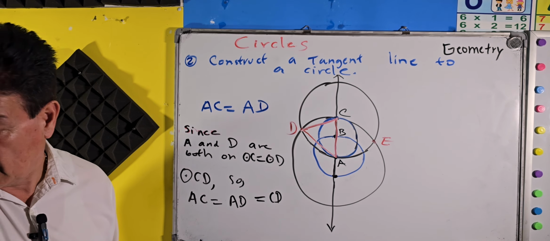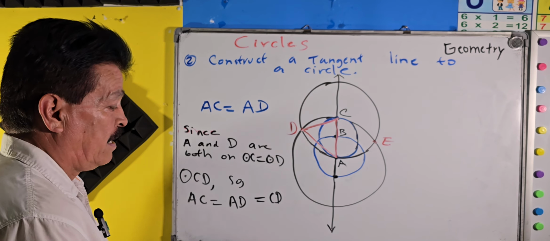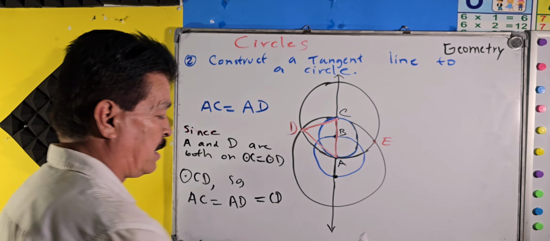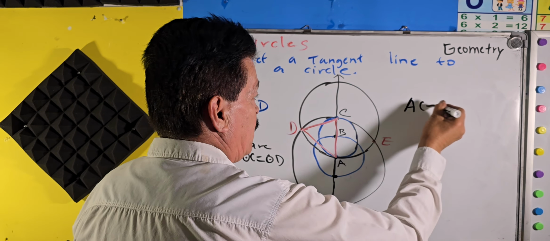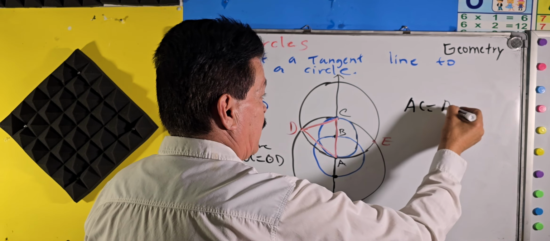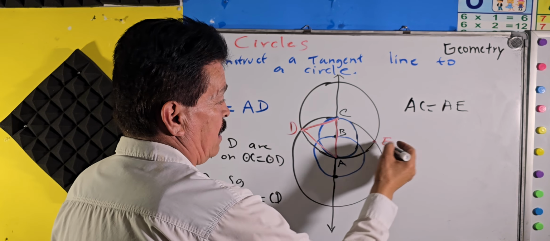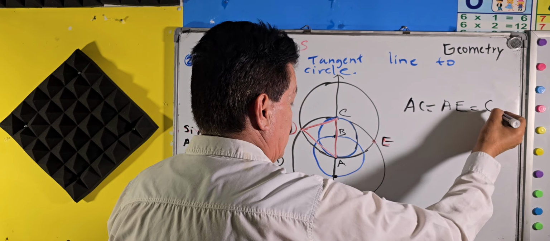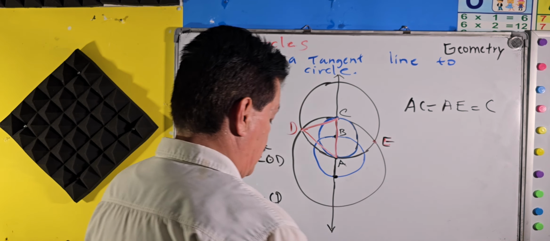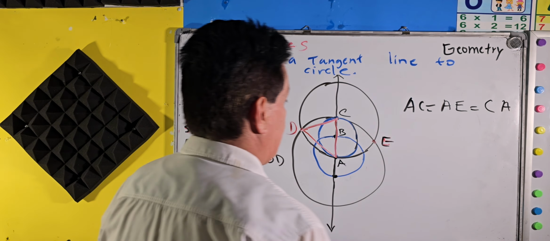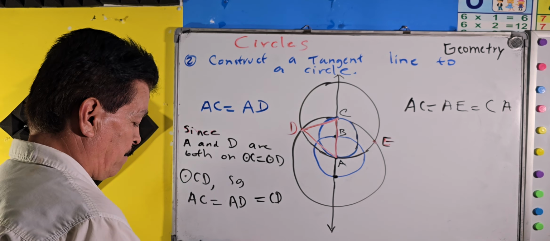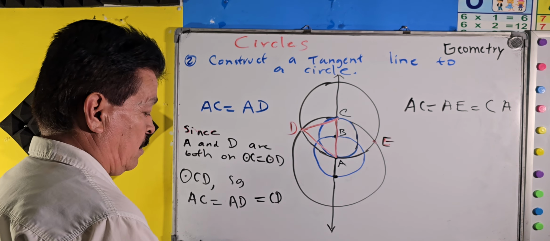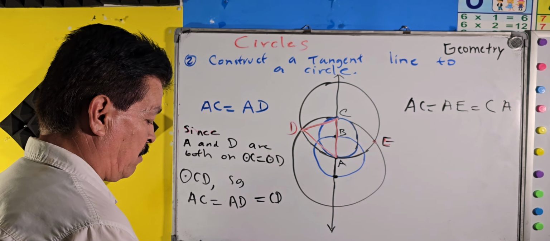Similarly, the other side is the same thing. On the other side we have AC equals AE. So AE right here equals CA. So let's make a picture of the other side.